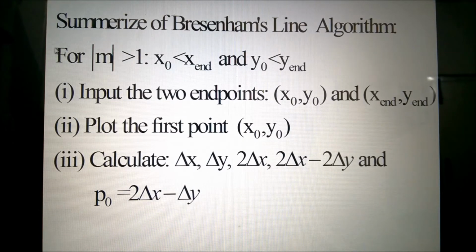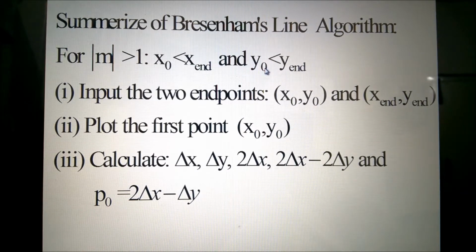Another condition I have, you can see, summarizes the Bresenham algorithm when the slope of the line is greater than 1, and the initial coordinate of x is less than the ending coordinate, and similarly the initial coordinate of y is less than the ending coordinate.